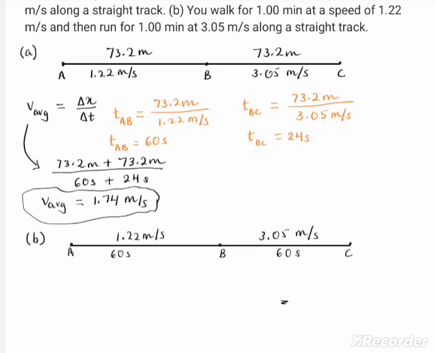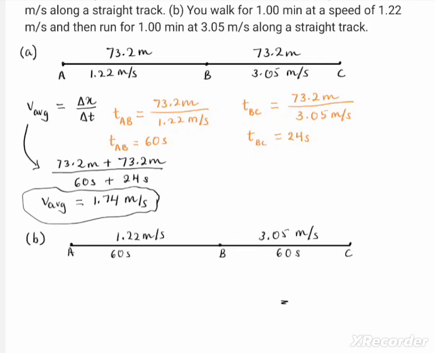As you can see, what they're looking for here is average velocity, but they are giving you the velocity for each segment and the time for each segment, and that's different from part A where they are giving you the displacement.